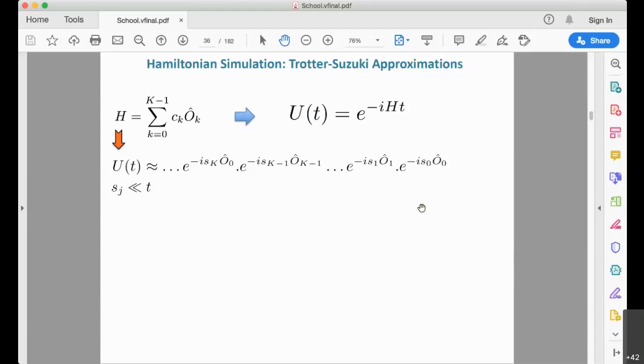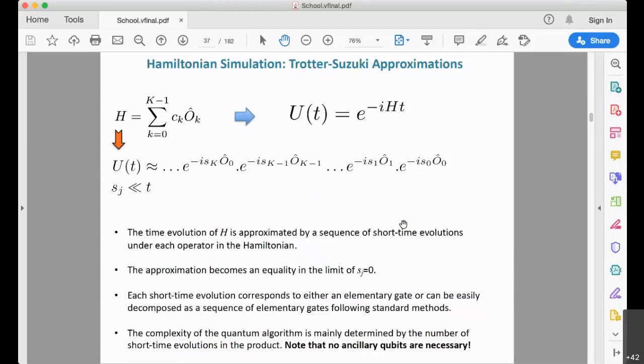There's no specific order in here. It's clear that if your evolution time were 0, this evolution operator is just a trivial operation. And in that case, if I choose all my s's, which are the short times here, to be 0, then the approximation is exact.